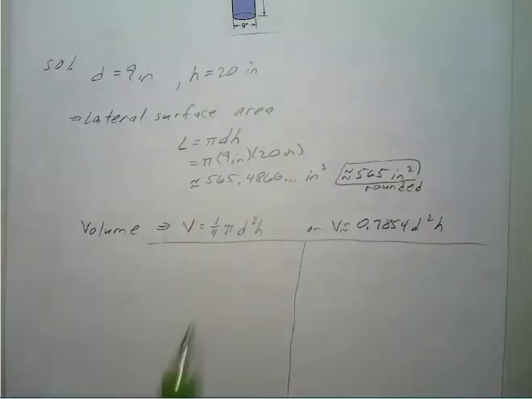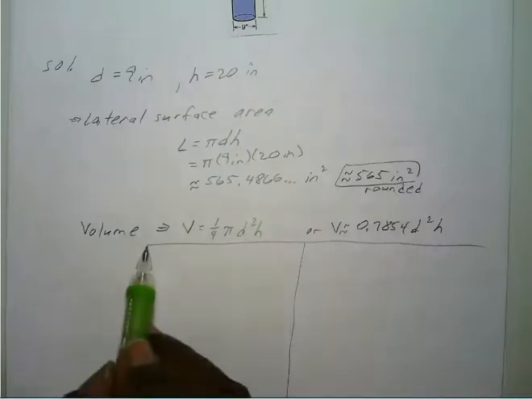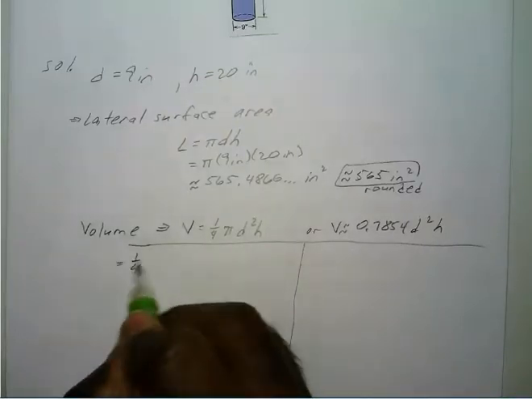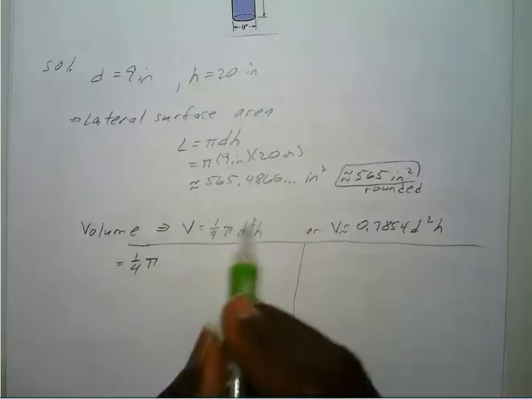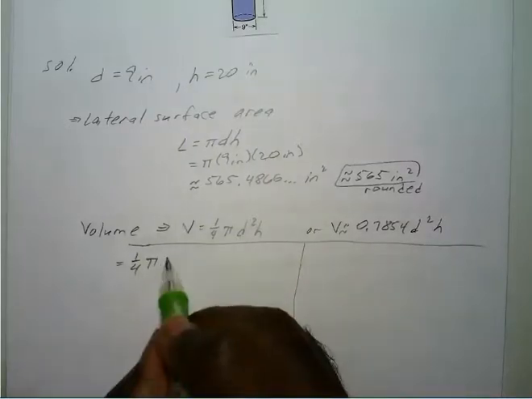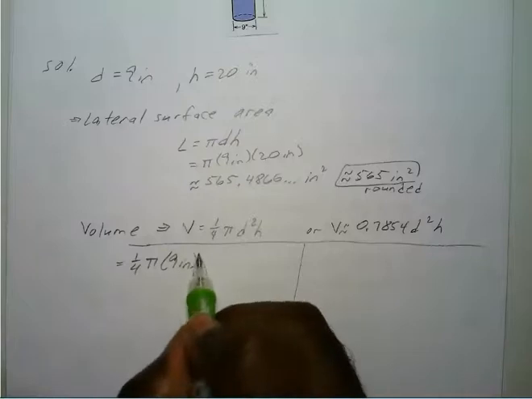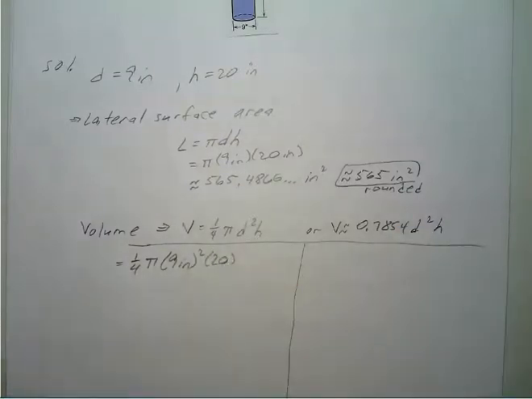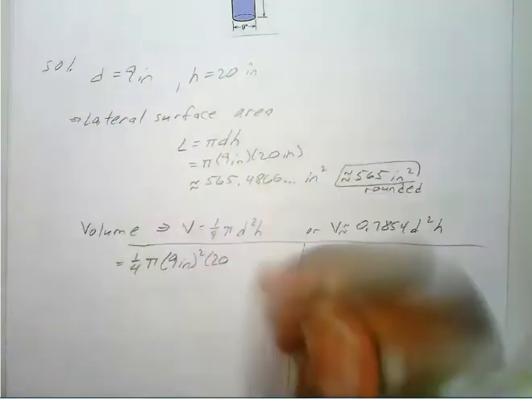Okay, so if we use this formula, we have 1/4 times pi times our diameter squared, which is 9 inches squared, times our altitude, which is 20 inches.